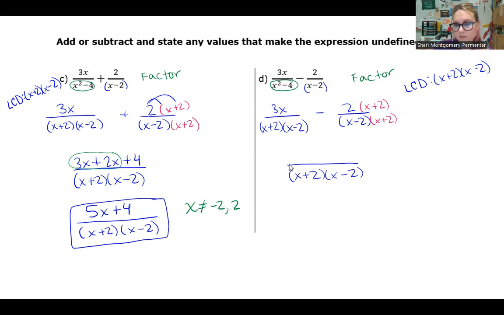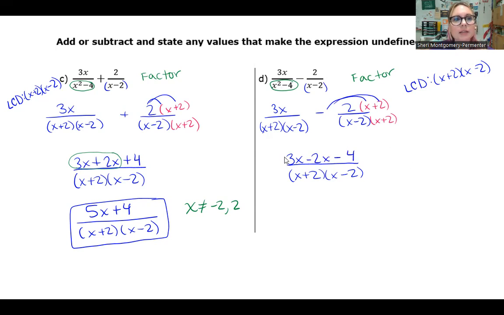Nothing changes. But over here, I'm going to have to make sure that I distribute not just 2, but negative 2. So it's negative 2 times x and negative 2 times 2. So you have to make sure you distribute that negative. So I get minus 2x and minus 4.